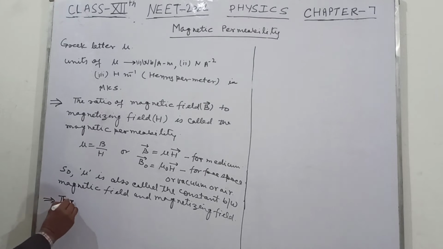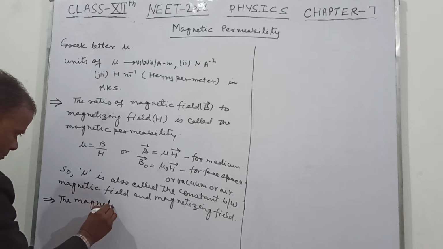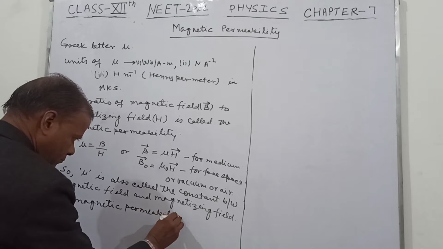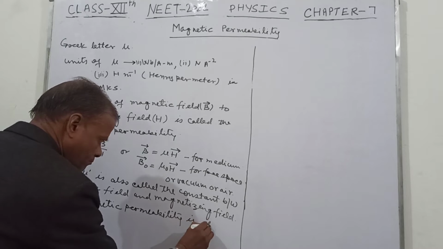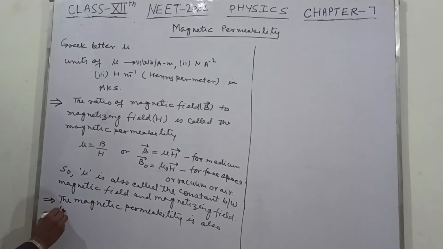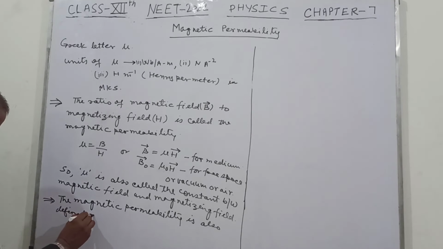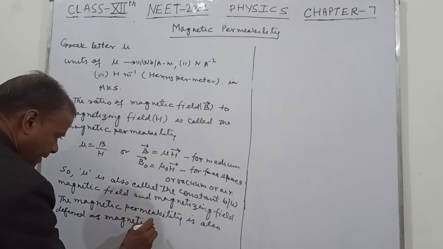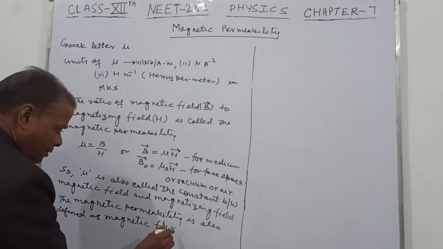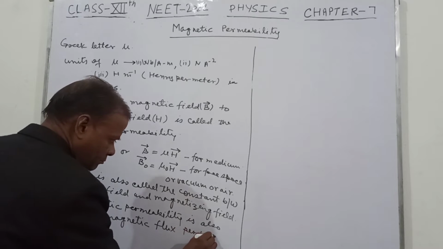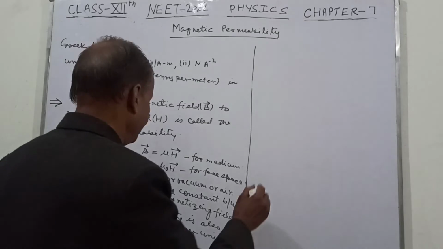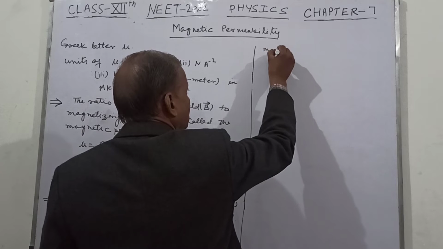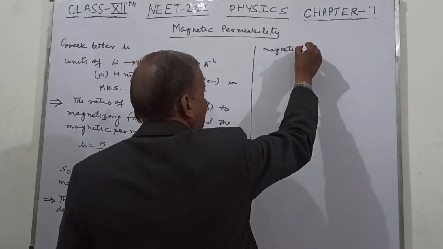The magnetic permeability is also defined as magnetic flux per unit magnetic pole strength.